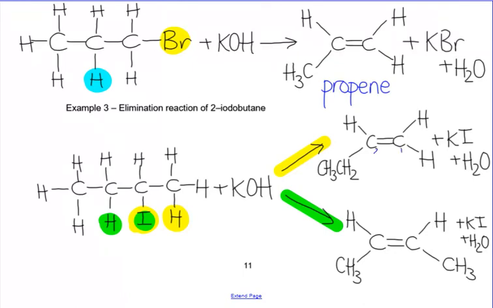Now if we look at naming these two, we can see that in the top one we've got a 1, 2, 3, 4 carbon chain. We're going to call that but-1-ene. And the bottom one, we've also got a 4 carbon chain, but the double bond is now between numbers 2 and 3, so we have but-2-ene.